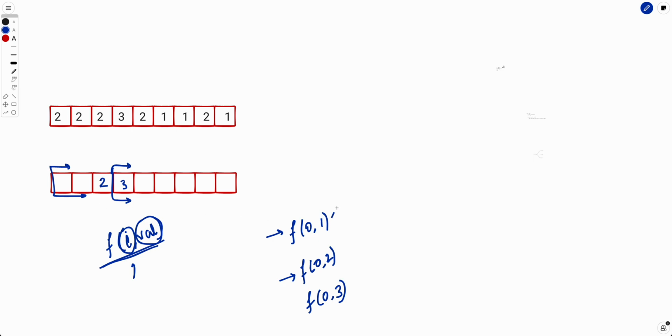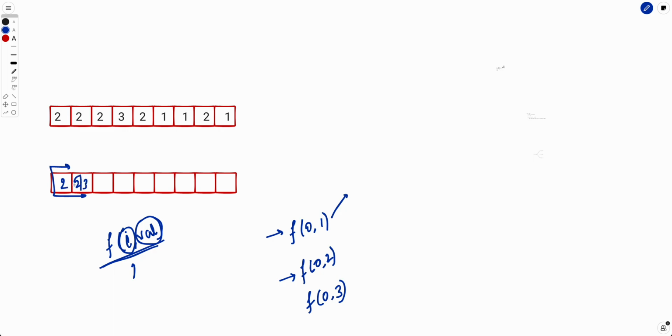Now from f of 0 comma 1, where can you go? So if you have filled this with 0, or if you have filled this with 1, then what are the choices for the next element? Next element can be 1, 2 or 3, right? Anything can be the next element, right? But if you have filled this with 2 instead, then the next element could be either 2 or 3.